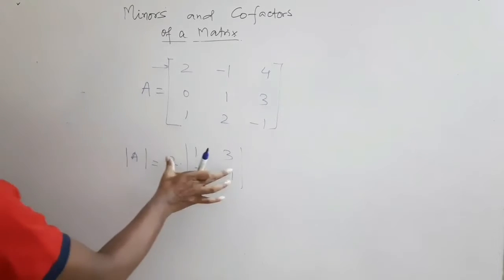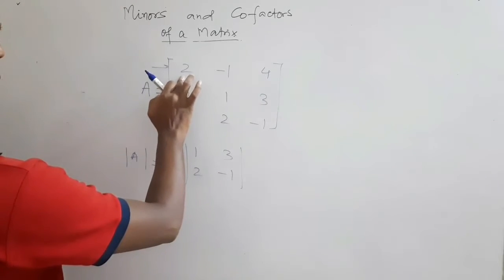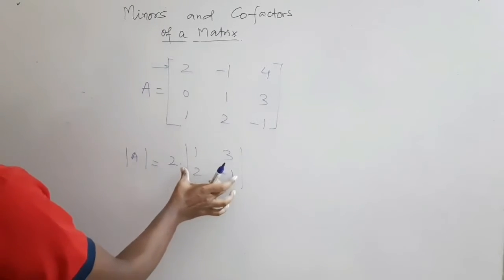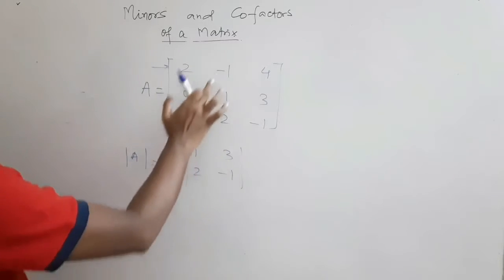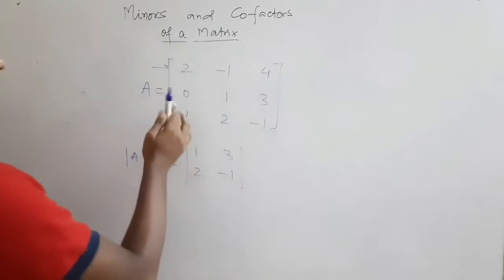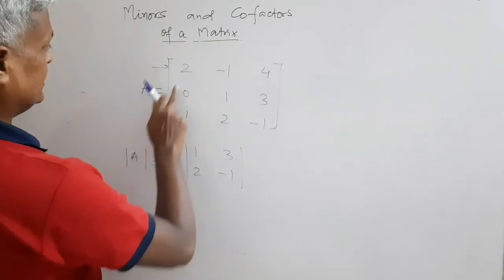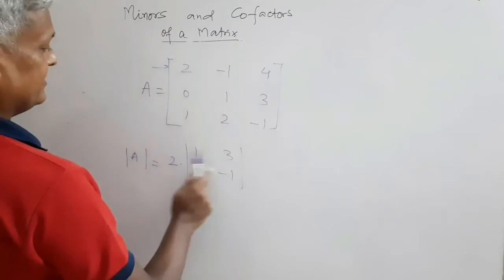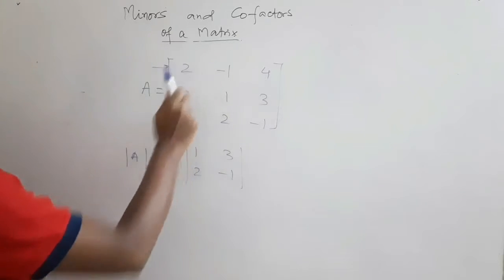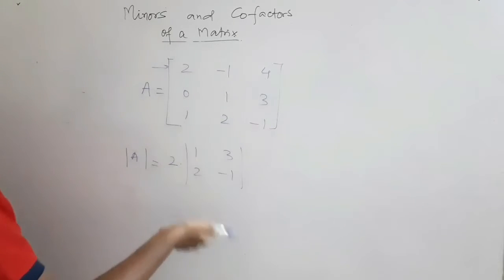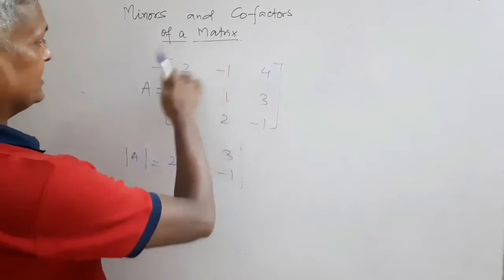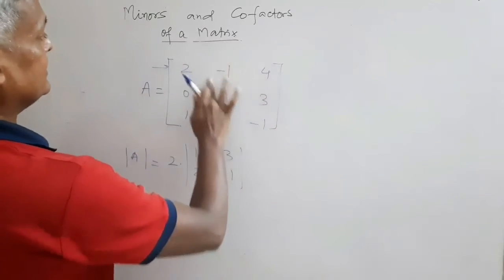So 2 into the minor of this matrix, and if I also consider the sign, this will become 2 into the cofactor of itself.